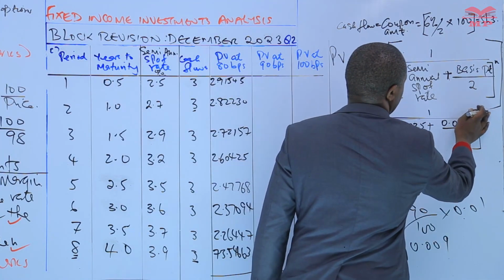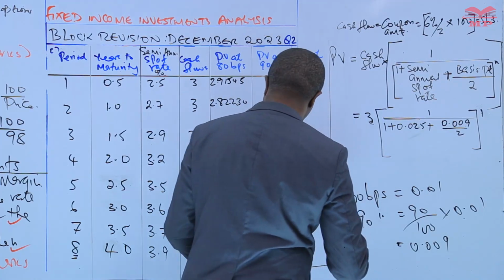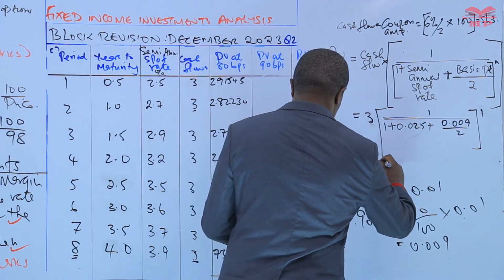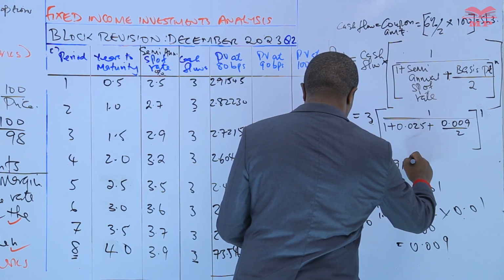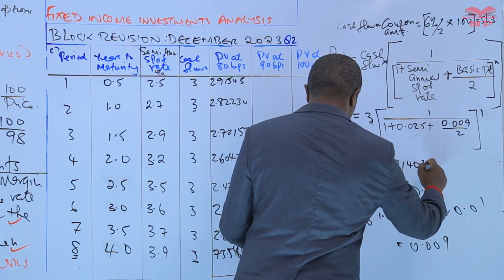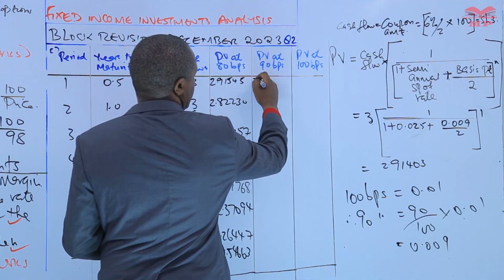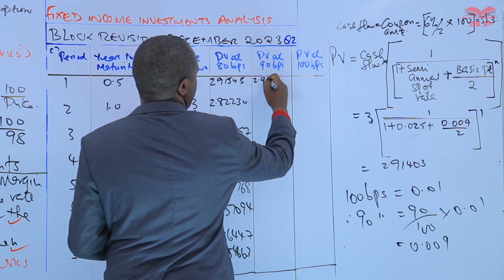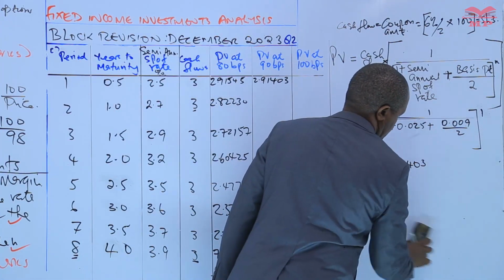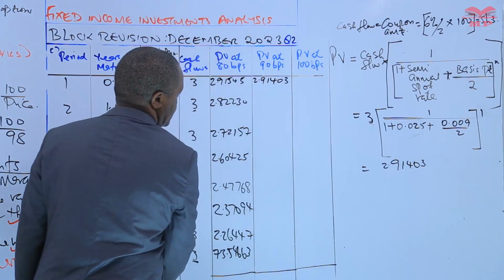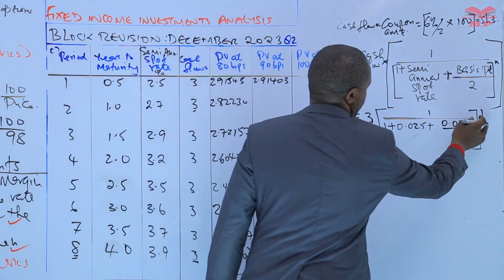So for year 1, this gives me 2.91403. Moving on to the second period, we're going to have a change here.